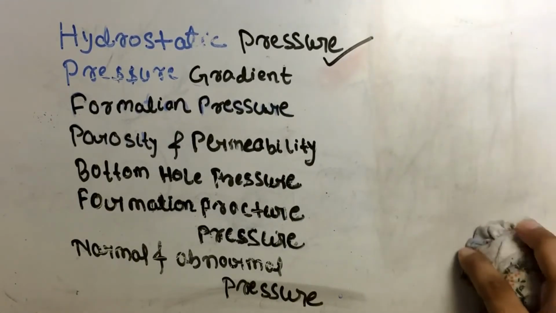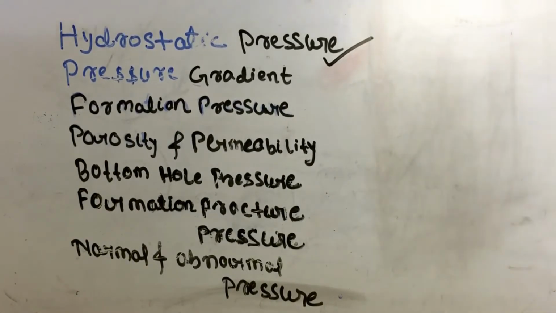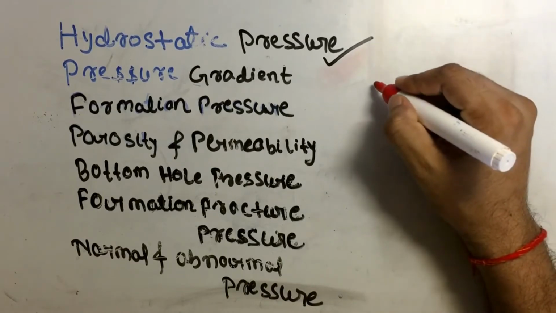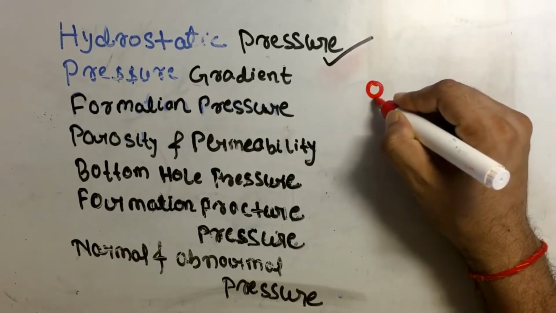So I am going to start formation pressure, or pore pressure. Formation pressure is also known as pore pressure. Pore pressure is the pressure exerted by the fluid trapped in the pores of the formation. Pores means the space between grains.